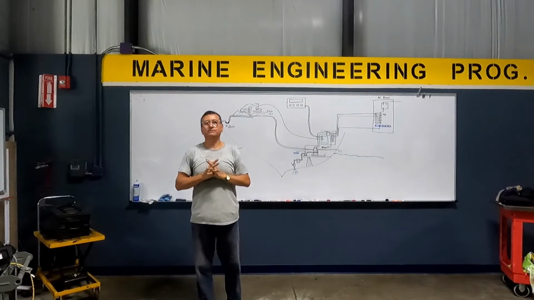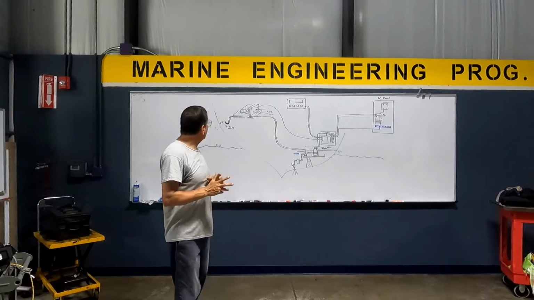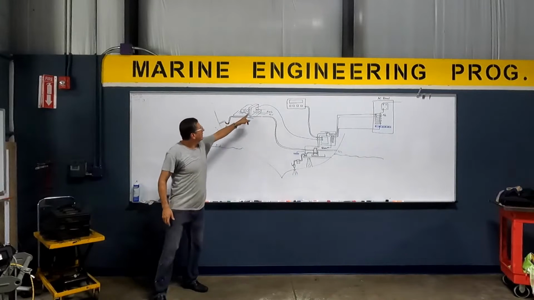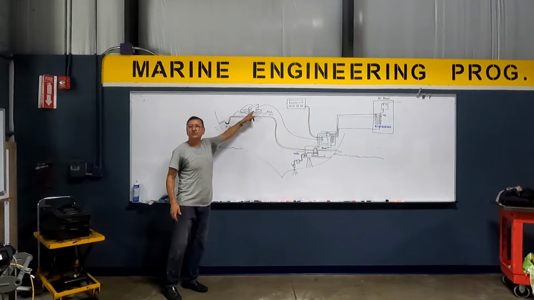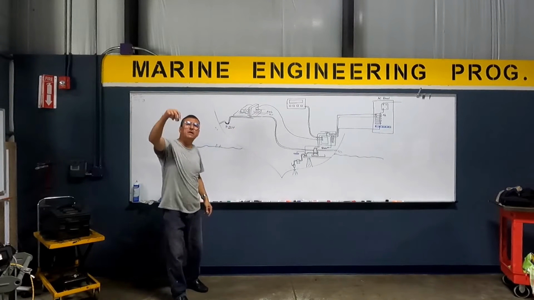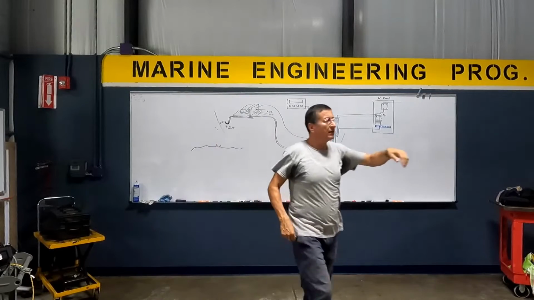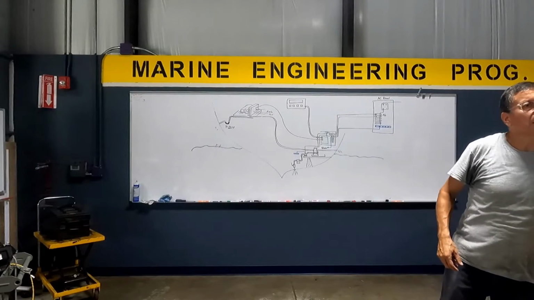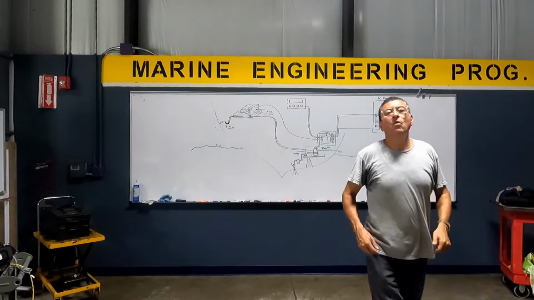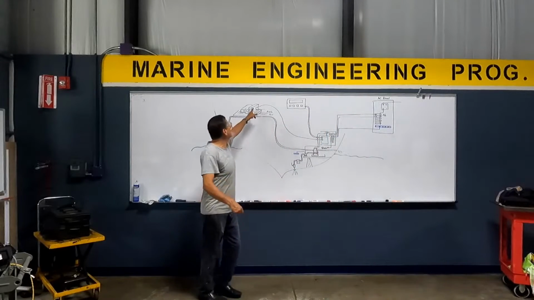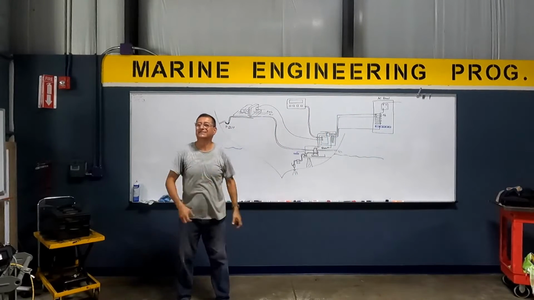Pay attention. What happens if this filter, where is located the filter that you replace periodically in your home? Evaporator. It's here, no? It's that one. What happens if the air filter is completely clogged?